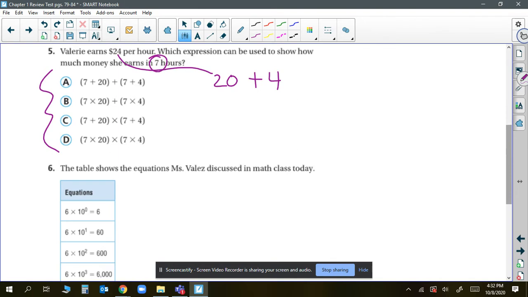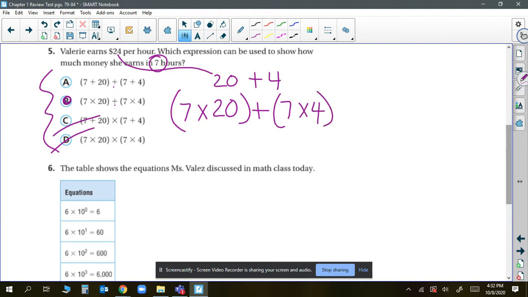So if you look here, we know it's going to be adding on the inside, so we got to get rid of these two. Now we have to decide between these two. Well, remember, we're going to be taking that 7 and distributing it, multiplying by the 20, and then adding the 7 times the 4, which is going to end up being this one right here. We would not be adding. We have to multiply.